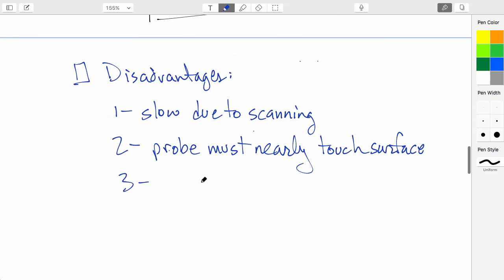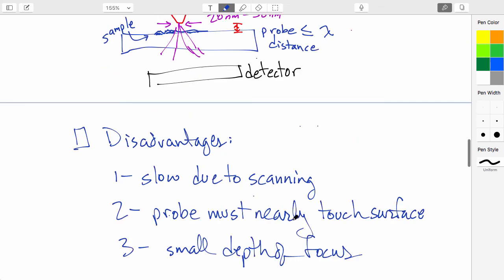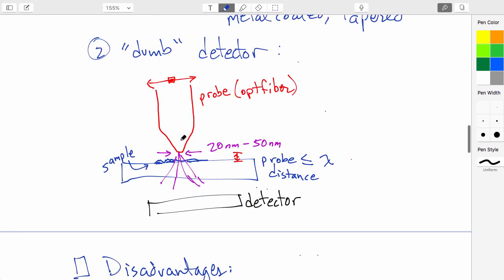And then lastly, there's a very small depth of focus. And so practical near-field optical microscopes have a whole lot of technology into controlling this distance and sensing and detecting how far away the probe should be so that they can get reasonable resolution.